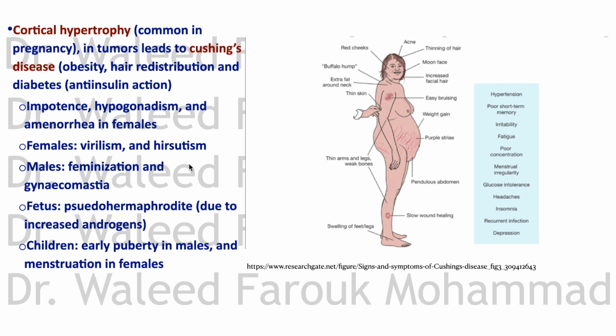In males, there will be impotence, hypogonadism. Hypogonadism means small size of the external genitalia, and amenorrhea in females.